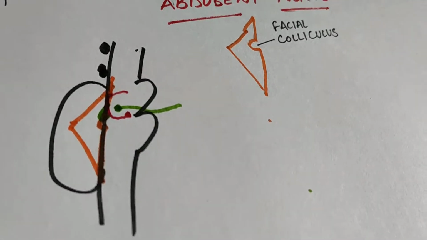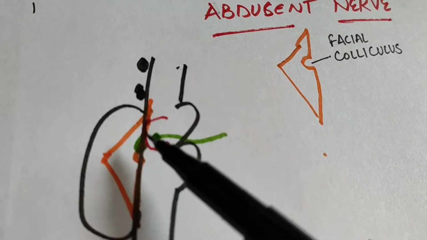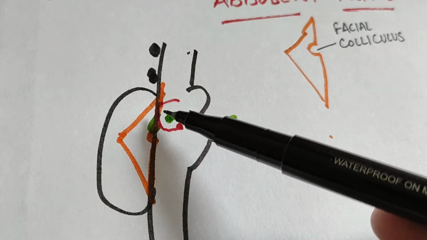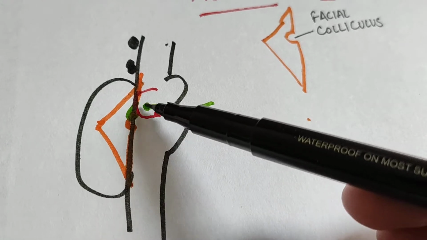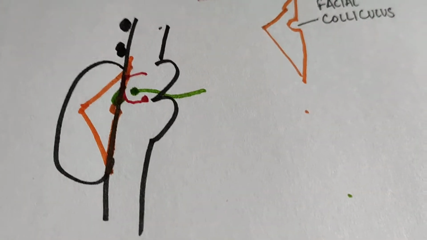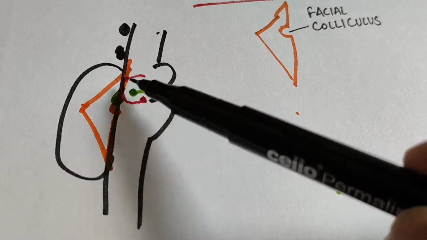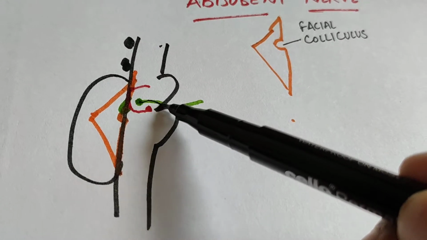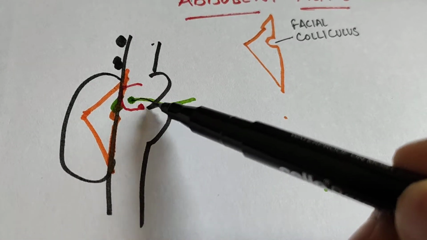So these two nuclei are in very close proximity to each other. If something happens to the sixth, there is a strong probability that the seventh may also get damaged.